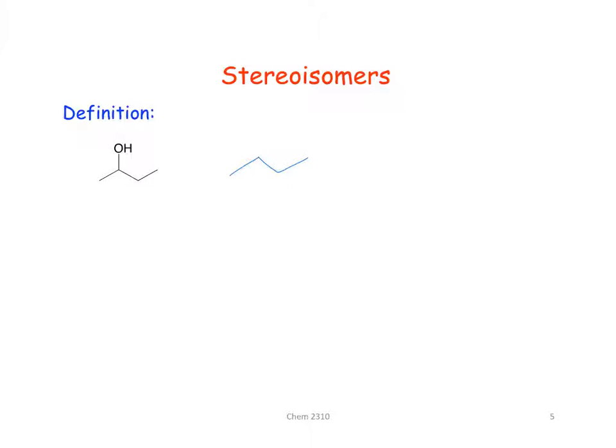So let's look at the two possibilities. We could have the OH pointing forward, H pointing back, or we could have the OH going back and the H going forward.